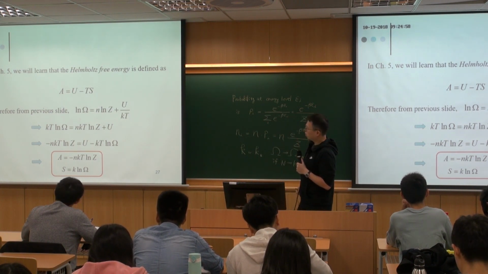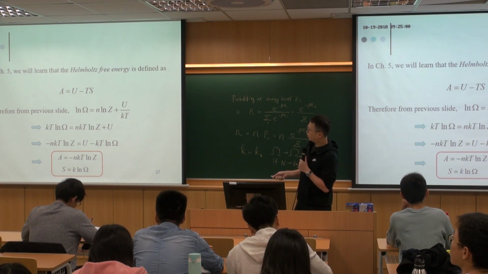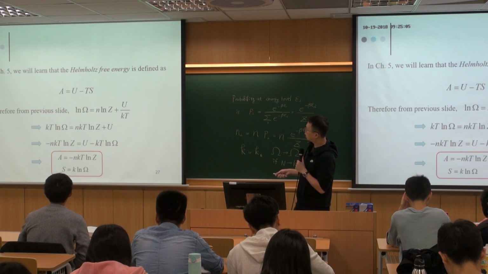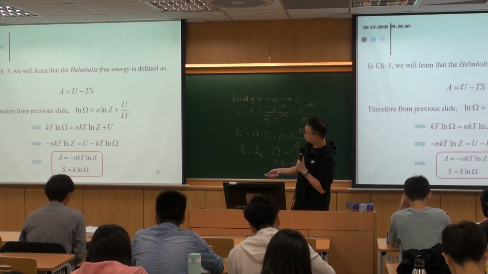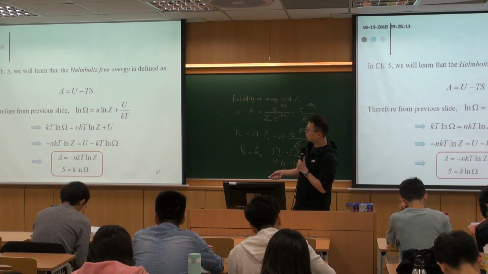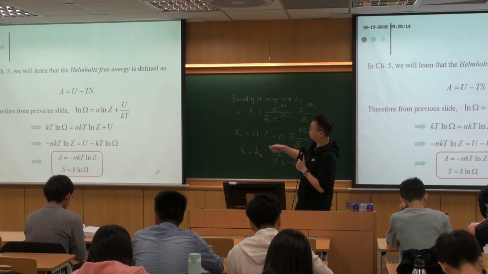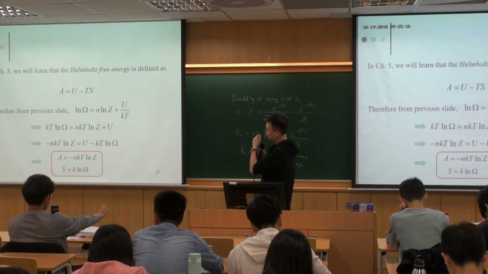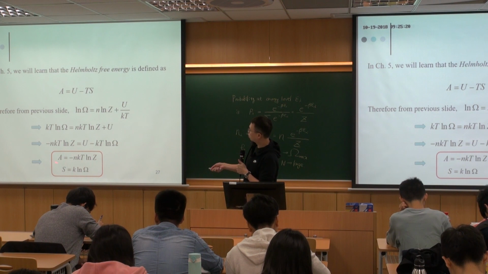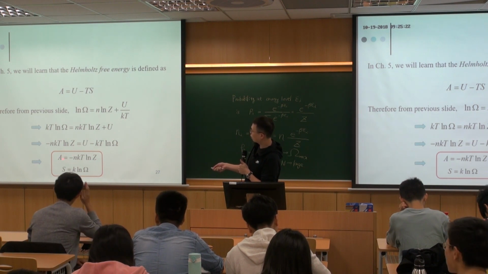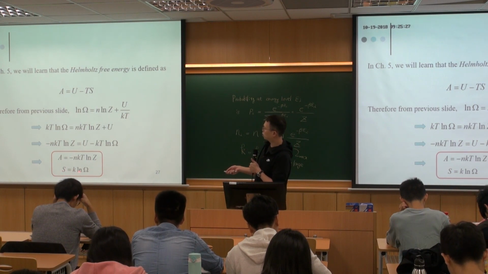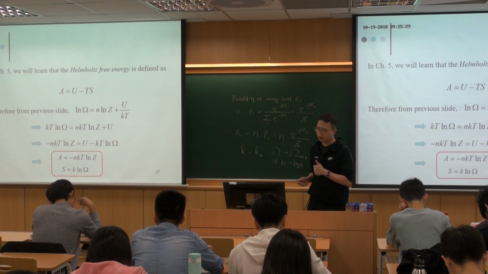And you can also calculate the entropy of the system, although we haven't mentioned this yet. For the entropy, we know that it is defined as k log omega. Actually, we will talk about that in the next section. But if you already know that, then this expression will tell you that the Helmholtz free energy is directly related to log z, and the entropy is directly related to log omega.